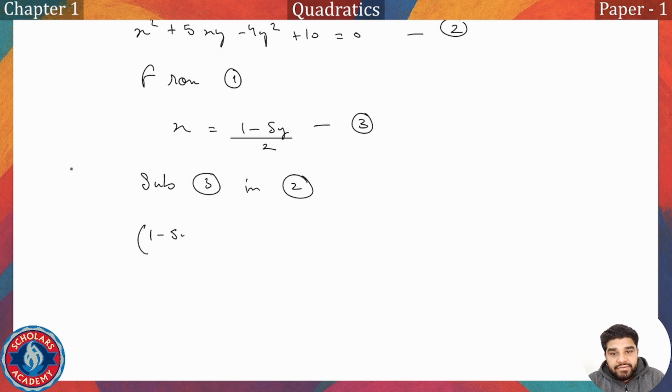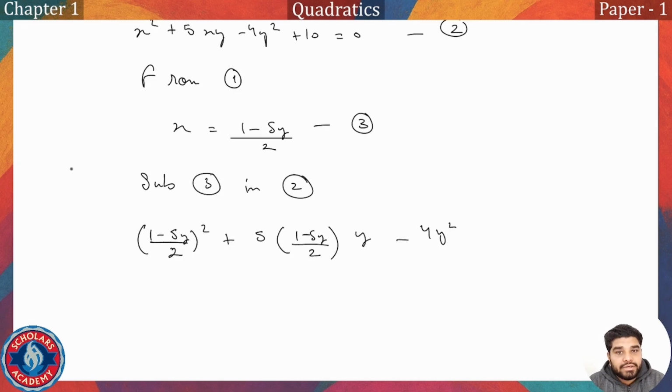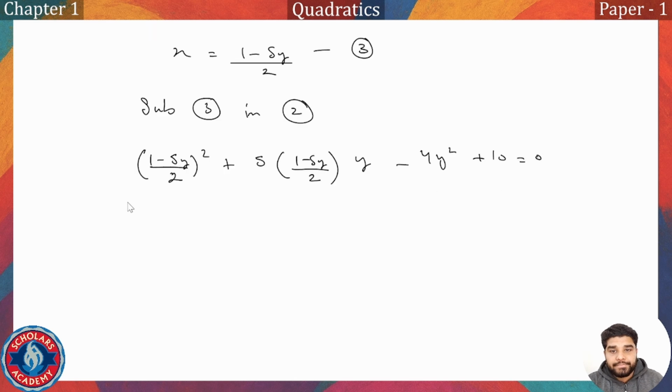(1 minus 5y) by 2 whole square plus 5 times (1 minus 5y) by 2 times y and minus 4 times y square plus 10 is equal to 0. Alright, let's open this whole square.